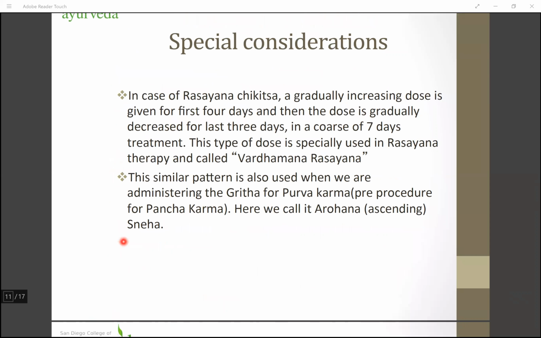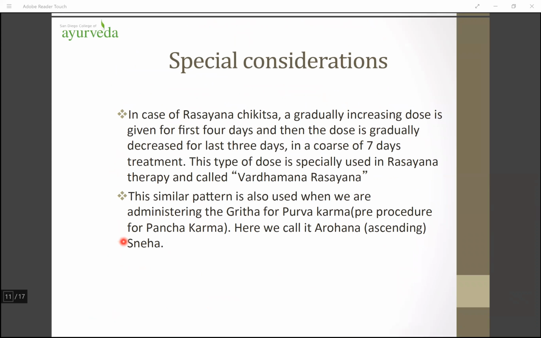Right now, there's a special thing in Ayurveda called Rasayana Chikitsa, where you give a particular Rasayana as a rejuvenation therapy, right? There's a Rasayana called Pipali Vardhamana Rasayana, in which you keep increasing the dosage of the medicine.